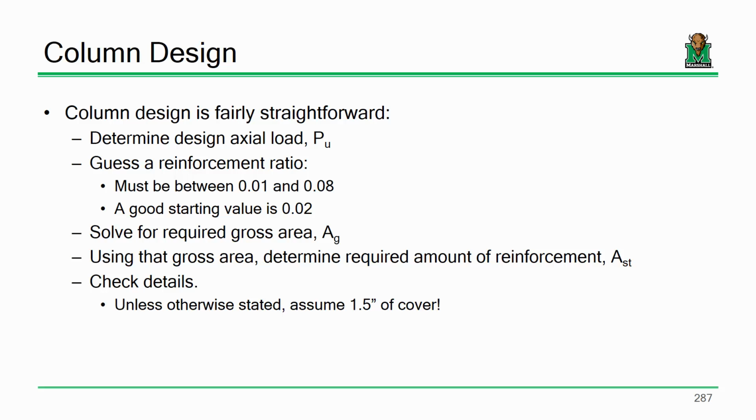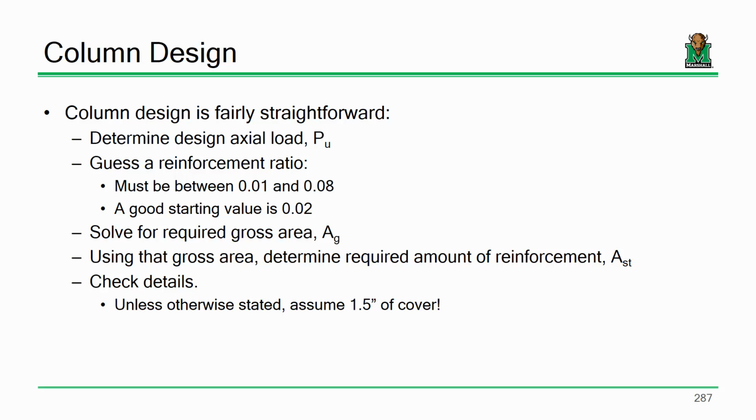Okay, all right. So column design. We did a column design problem last time, and ultimately I think it's a pretty straightforward process. We determine the design load. We guess a reinforcement ratio. A good starting value is 0.02 unless you are otherwise dictated. Solve for the gross area, then take that gross area and plug it back into the expression to solve for the steel.